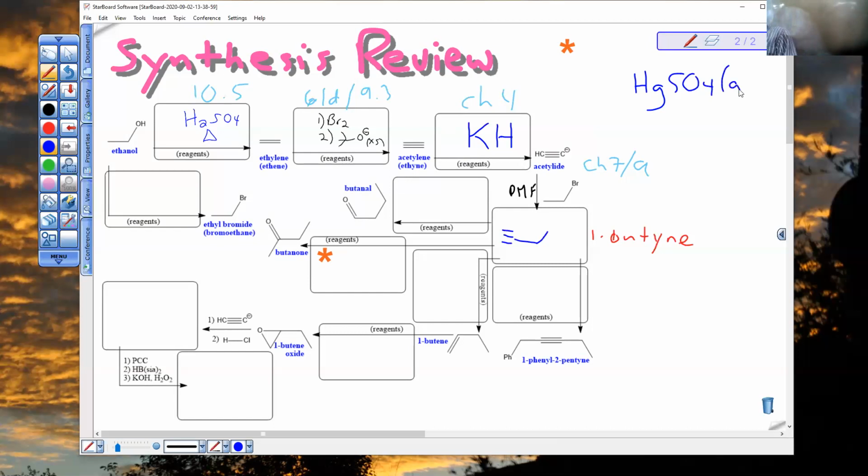Water was needed as both the solvent and the source of this oxygen right here. And we needed an acid reagent and catalyst. Catalyst for the tautomerization. Reagent to get rid of the mercury in a step called protonolysis.